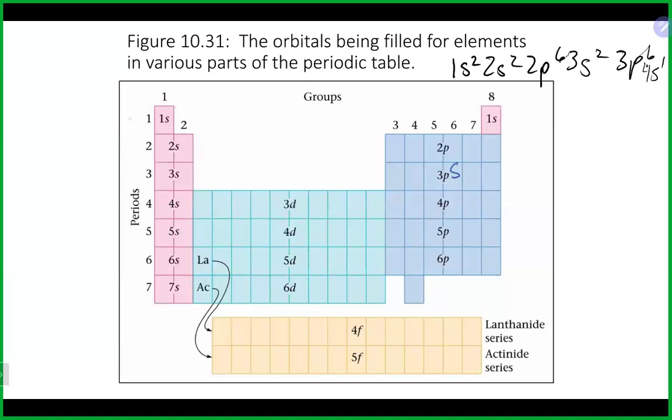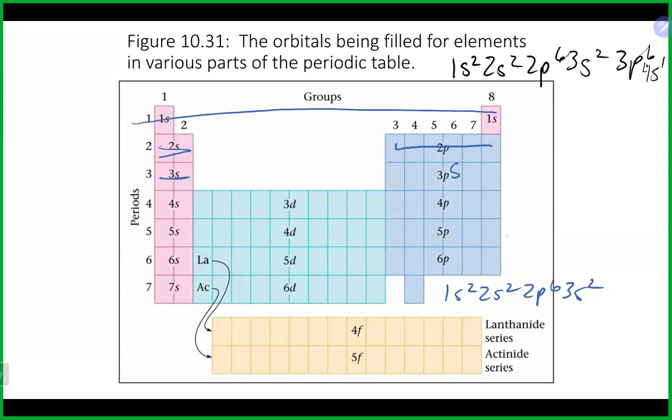Once again, always starting at the top, all the way across here gets us 1s2. Coming here, 2s2. This is 2p, all the way to the end would be 2p6, then 3s2. And now this is 3p: 1, 2, 3, and 4. 3p4 in that case. So again, you can just count it off where they end.